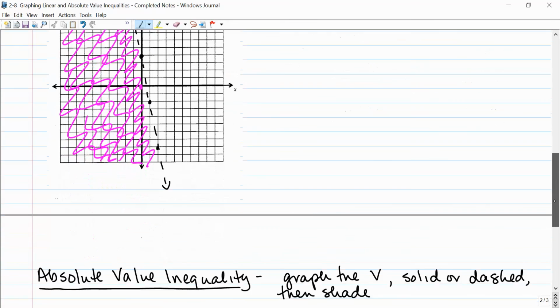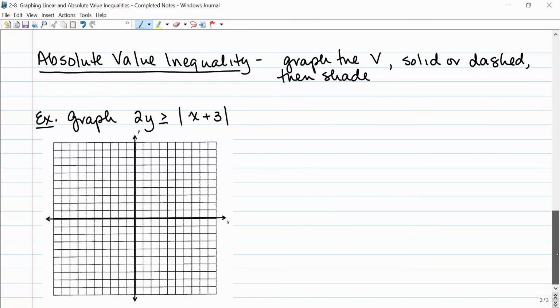Let's take a look at an absolute value inequality. So this is going to be basically the graph of an absolute value function. So that's going to be in the shape of a V. It's going to be solid or dashed and then shaded either above or below, and generally above is going to be inside the V and below is going to be outside the V. In order to do this, I'm going to solve this for y by dividing everything by 2.